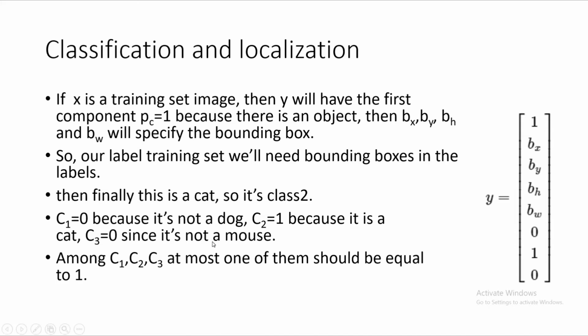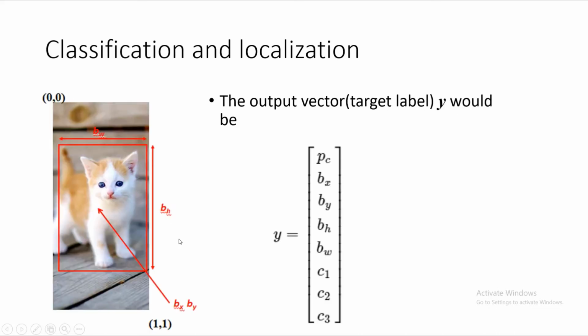Here C1 is the class label for dog, C2 for cat, and C3 for mouse. In this case, PC is equal to 1, we have BX, BY, BH and BW, and C1 will be 0, C2 will be 1, and C3 is equal to 0.